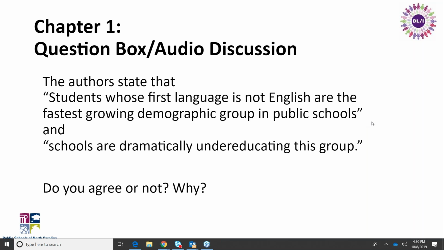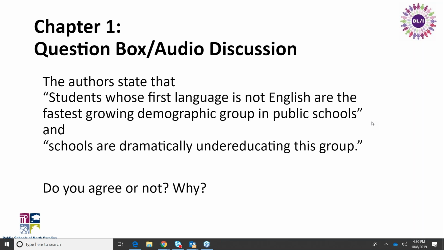Yes, I agree. And I think another reason that I'm seeing is that it is lack of funding, but it is also the mindset of how to better service our ELL population.